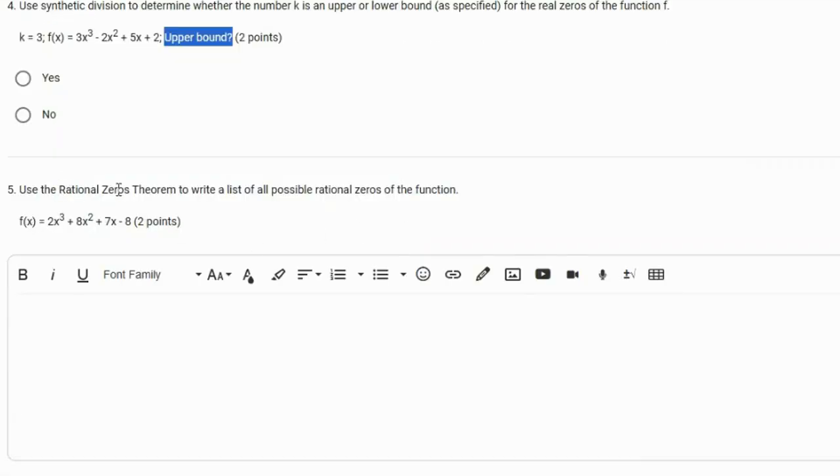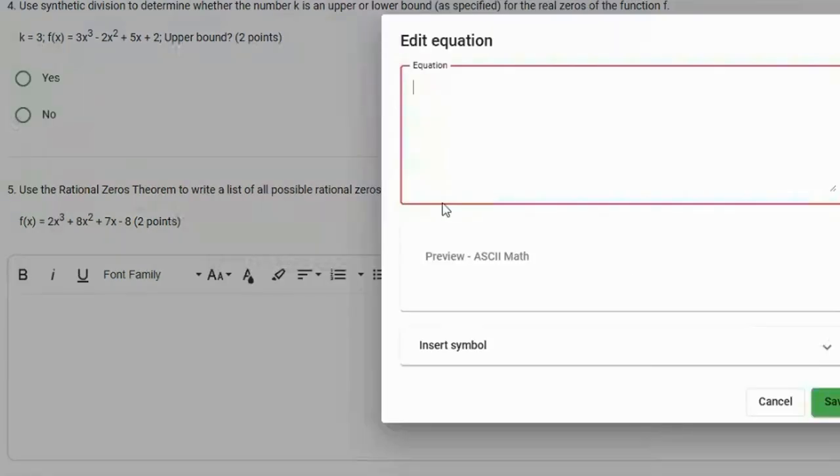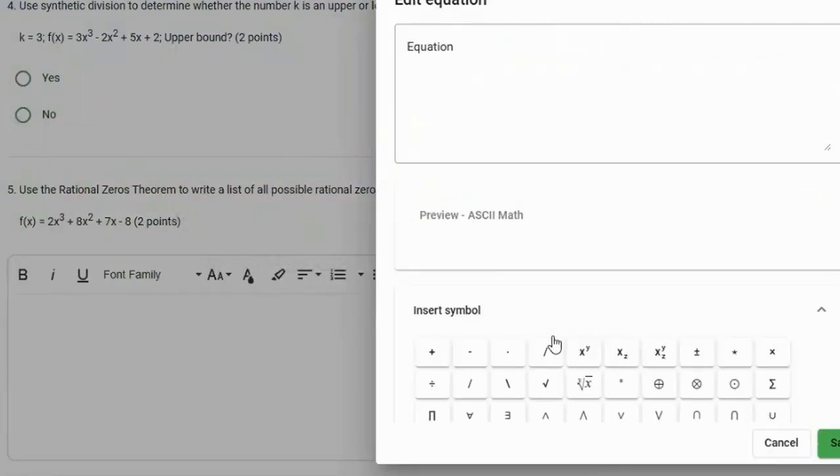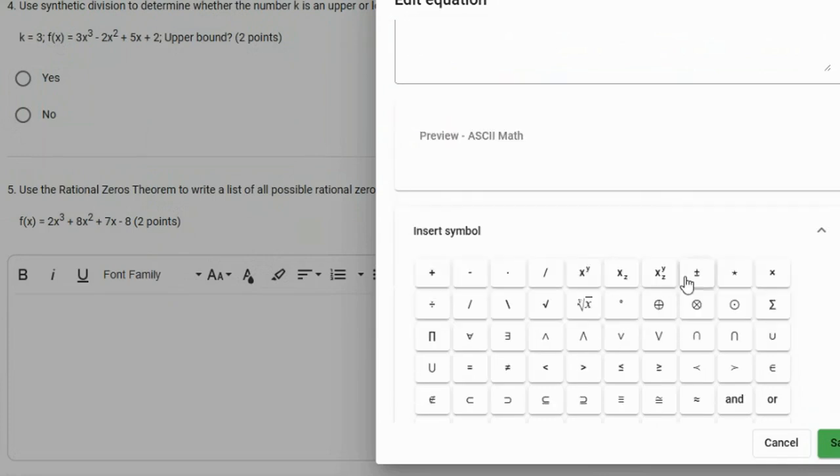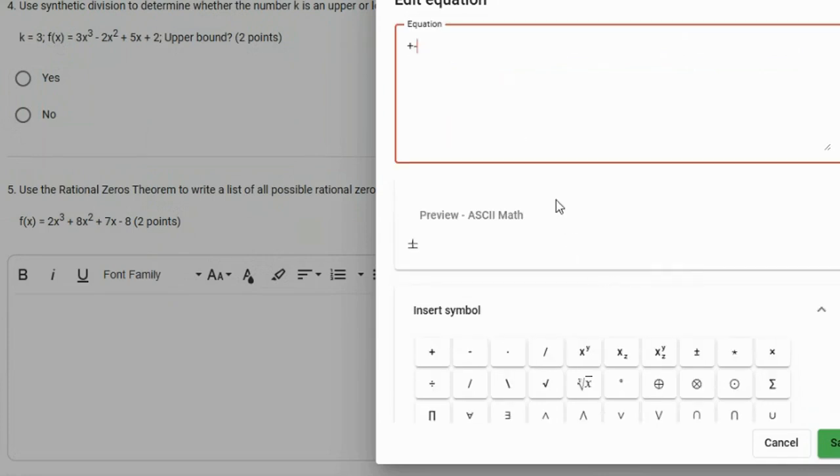And use the rational zero theorem to list all the possible zeros. That's where you have the p and the q. You list all the factors of that, divide p by q, and then list all the terms. And please, if you're doing this, use the plus or minus symbol.